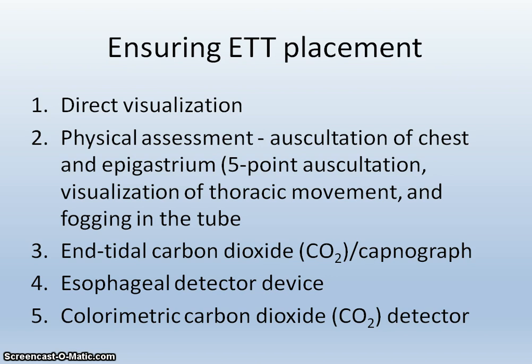We can also see movement of the thoracic cage, when we bag the BVM or the manual ventilator, the chest moves in and out. Another is fogging of the tube: when you squeeze, the fog clears up, and when you let go of the bag valve mask, the fog comes back and fogs the endotracheal tube.